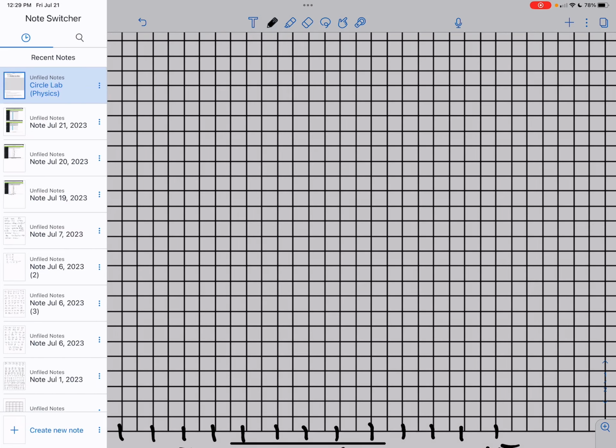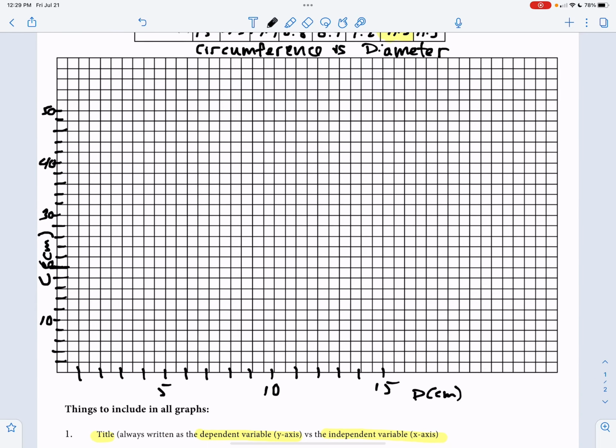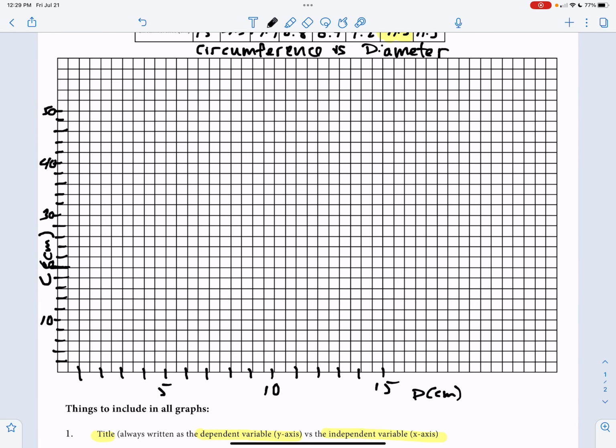Okay, so 20 would be about right there. Okay, so my scale on the y-axis in this case would be every box is 2 centimeters, whereas my horizontal scale on the x-axis is every 2 boxes is 1 centimeter.